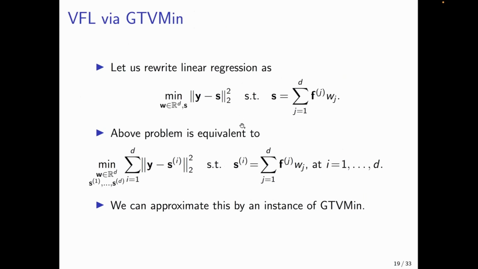So instead of having one single model parameter, S, that is actually this S here, the predicted labels, the predictions that we get from a linear model, we copy this S for each node in the network. But then we force these copies to agree, to be in consensus.